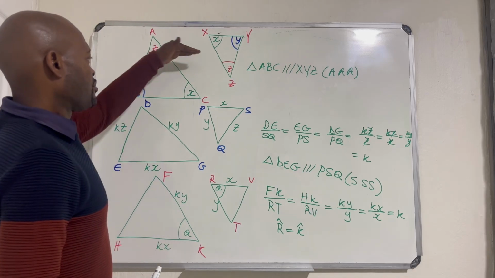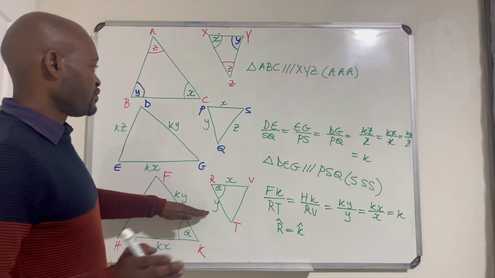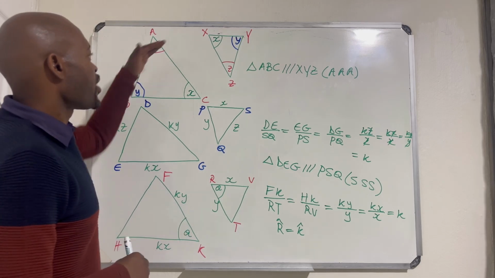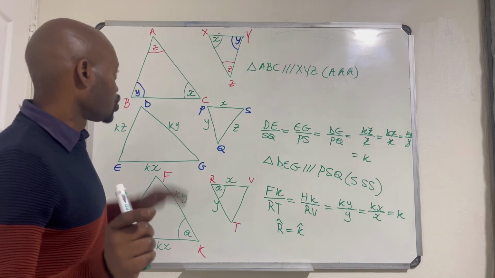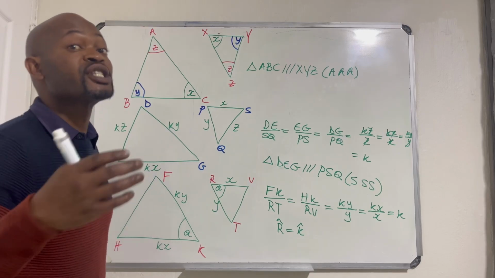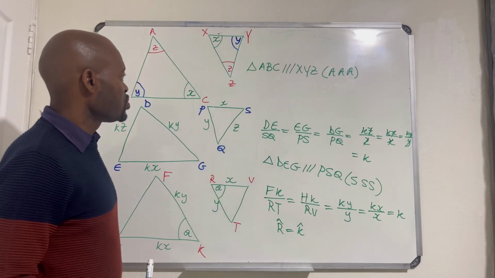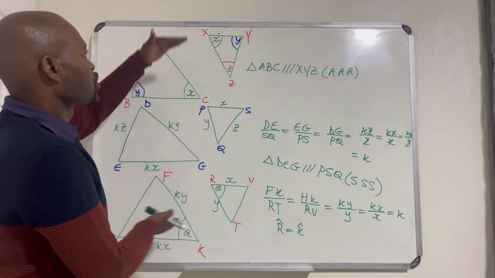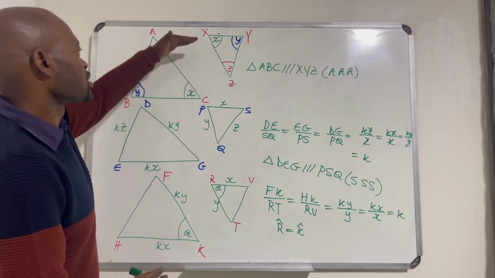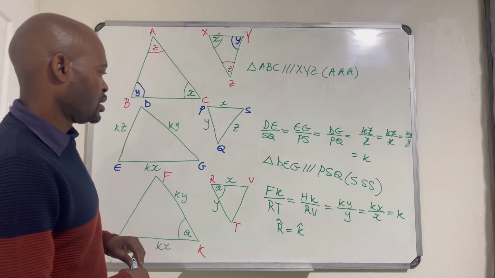Therefore, theorems number 2, 3, and 4, as I said in the introduction, are similarity theorems, which we are still going to talk about, but we are still trying to show the similar triangles. How are they similar?